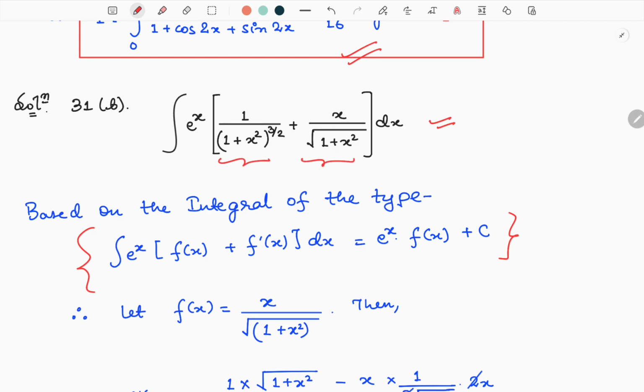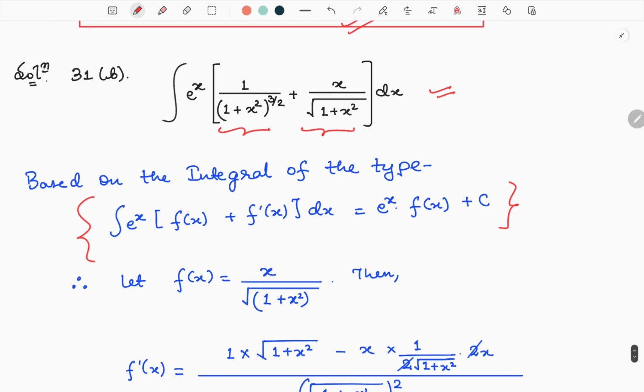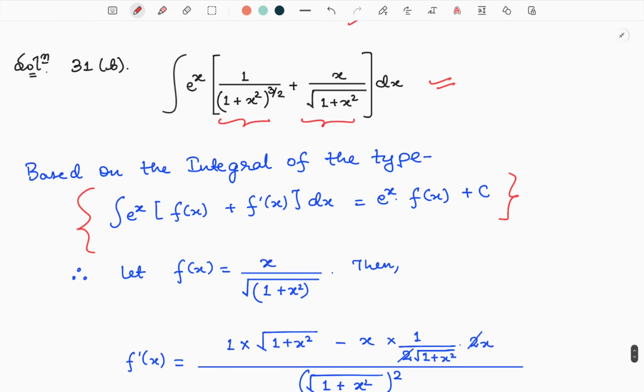For this I have assumed f(x) is equal to x upon under root 1 plus x square. There is also a question that comes to every student's mind: how to decide which part to take as f(x) and which part as f dash x. For this you should do enough practice before the exam, because under root contains power of half.